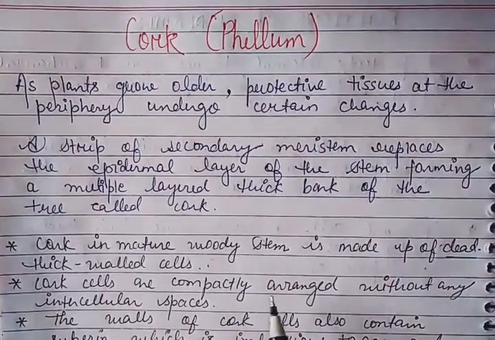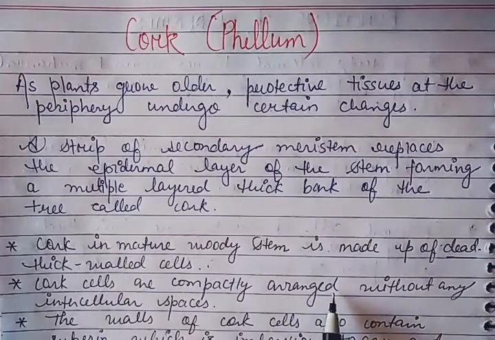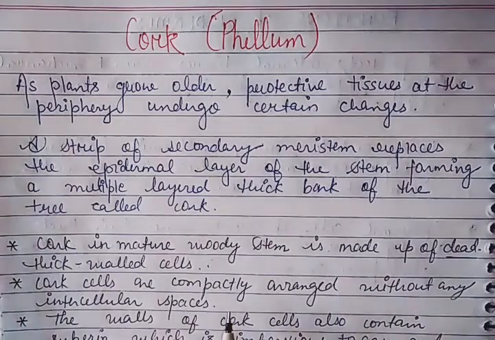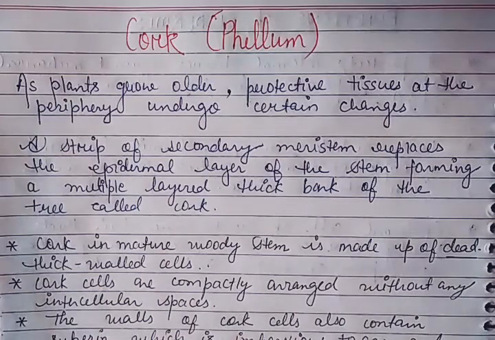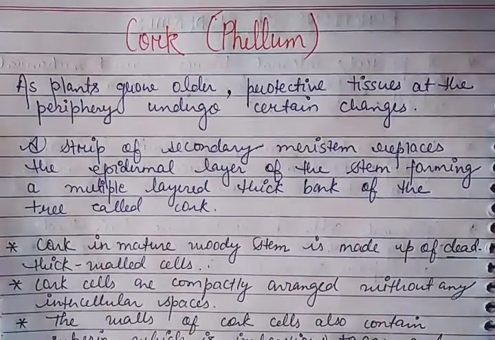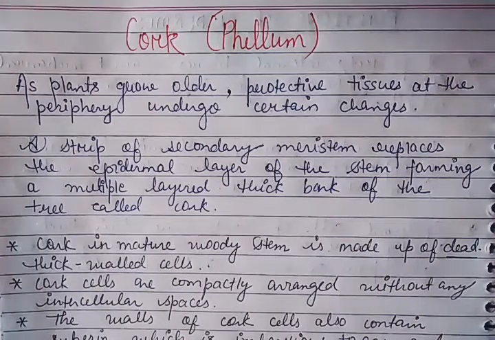They are very compactly and tightly arranged, so there are no gaps between the cells. There are no intercellular spaces, so that it can protect the internal part of the plants. Now, the walls of cork cells also contain suberin, which is impervious to gases and water.